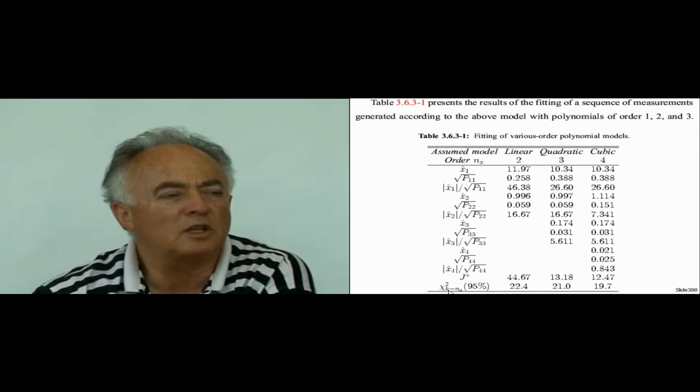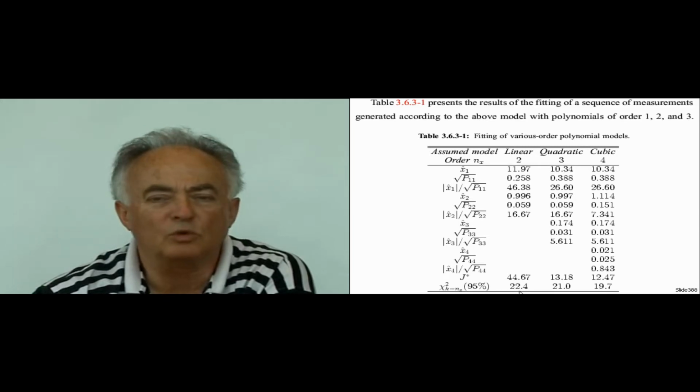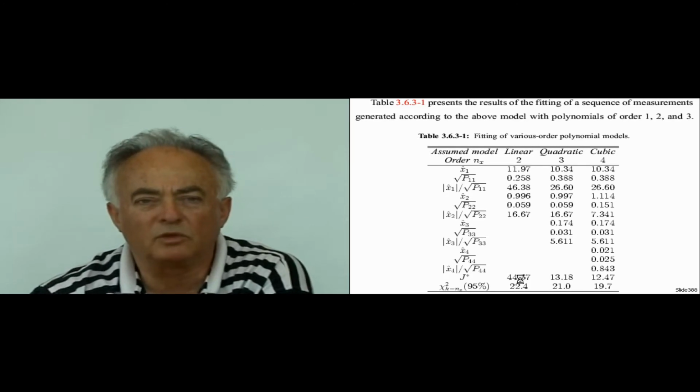We have 15 measurements, so it will be 15 minus 2, 13 degrees of freedom. It should not exceed 22.4, but it is about double of it. Therefore, it is an unacceptably poor goodness of fit. Therefore, we use the model which does not have enough parameters.